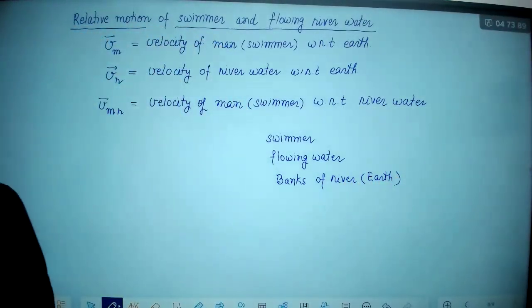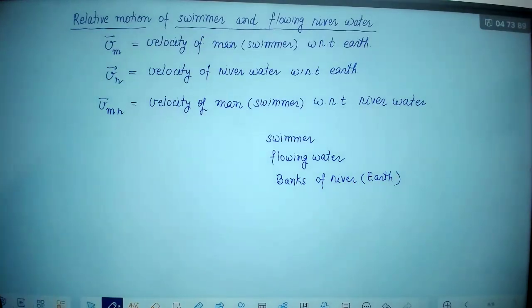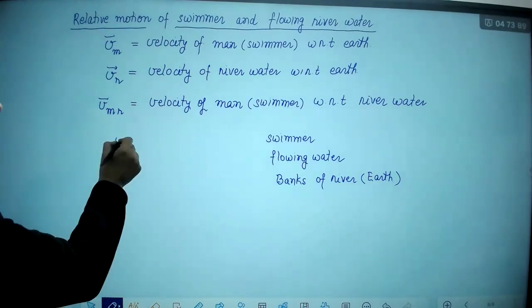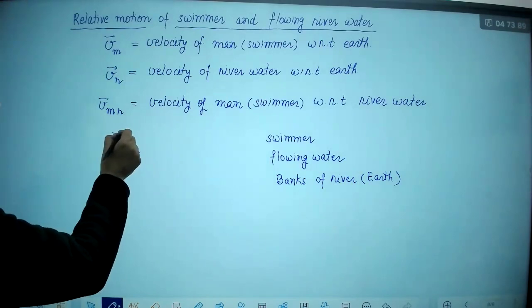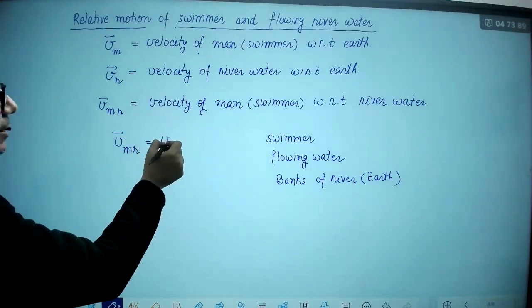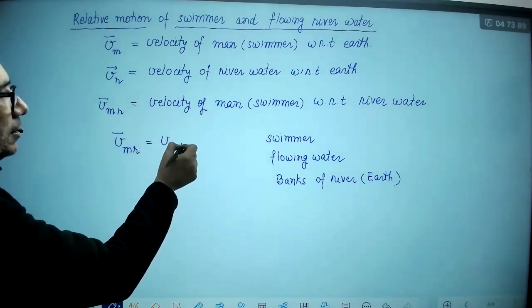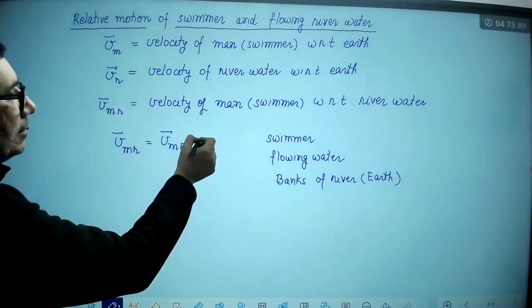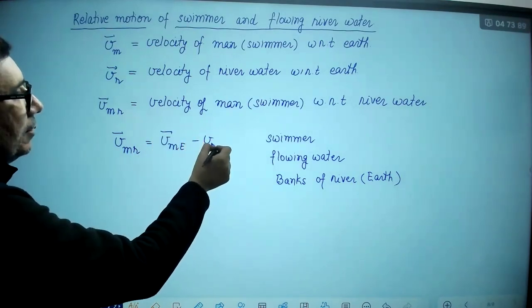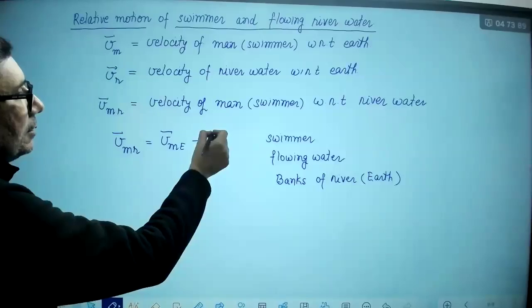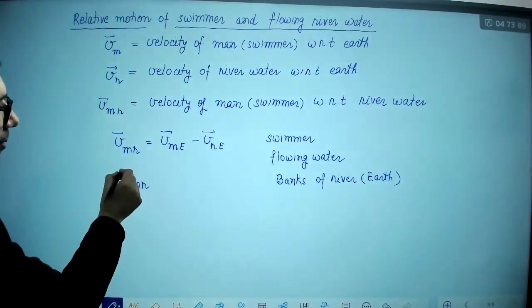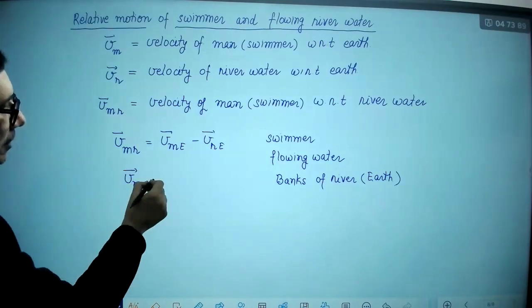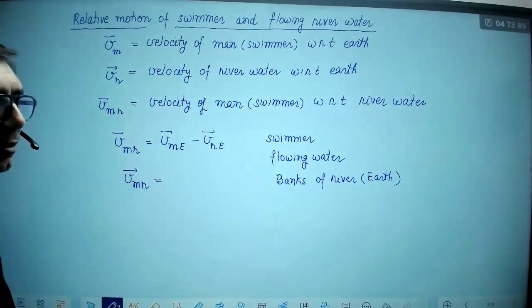So what will be the velocity of the man with respect to river? That will be velocity of the man with respect to earth minus velocity of the river with respect to earth. In simple way, I can write velocity of the swimmer with respect to river water.